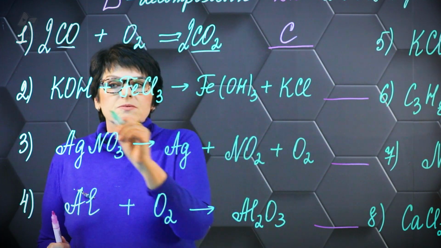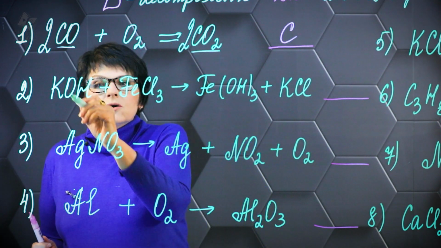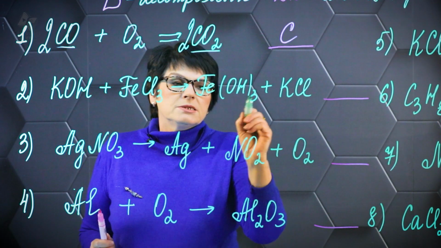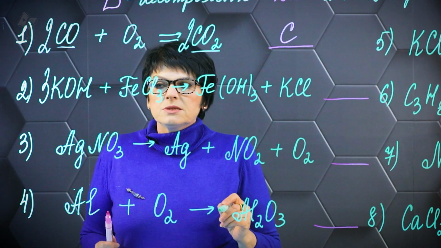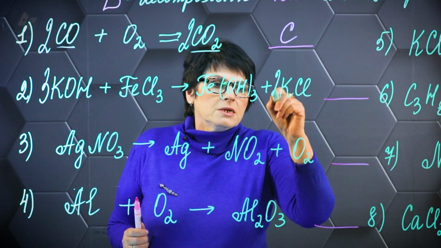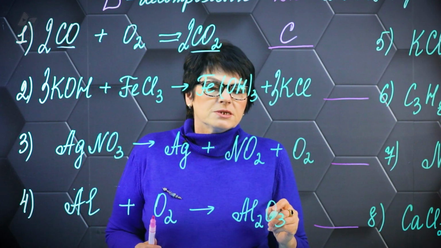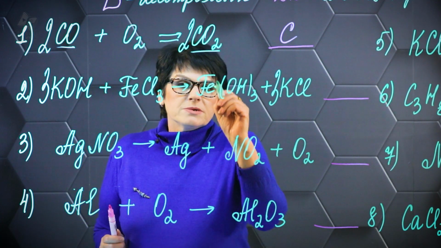Next, the second reaction. Here we first equate. So we have potassium on the left and on the right one each. OH group is 1 and here we have 3. Therefore, we will put the coefficient of 3 in front of potassium OH. Now the number of potassium has changed, hence we will put the coefficient of 3 to potassium chlorine as well.